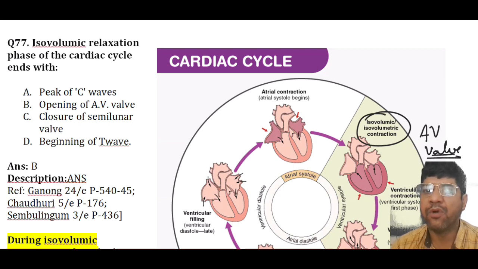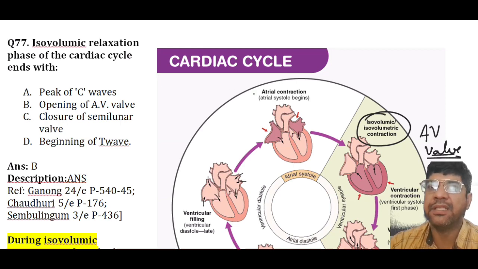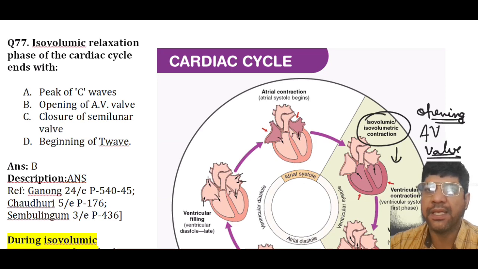The semilunar valves that guard the exit from the ventricles into the aorta are also closed. The isovolumic relaxation period ends with the opening of the AV valves. When the pressure in the ventricle drops below the pressure in the atria, the AV valves open, allowing blood to flow from atria to the ventricles.